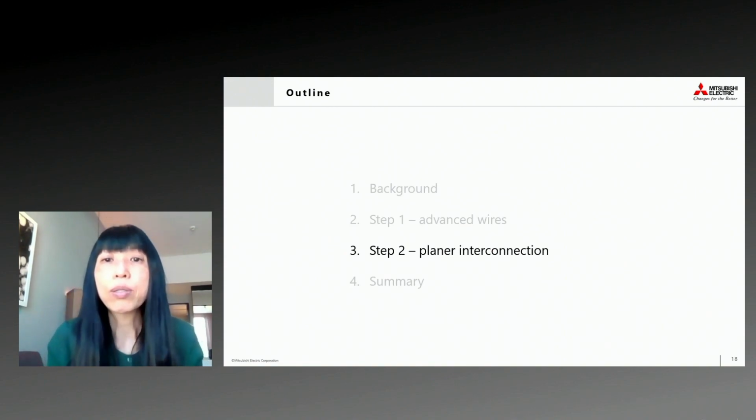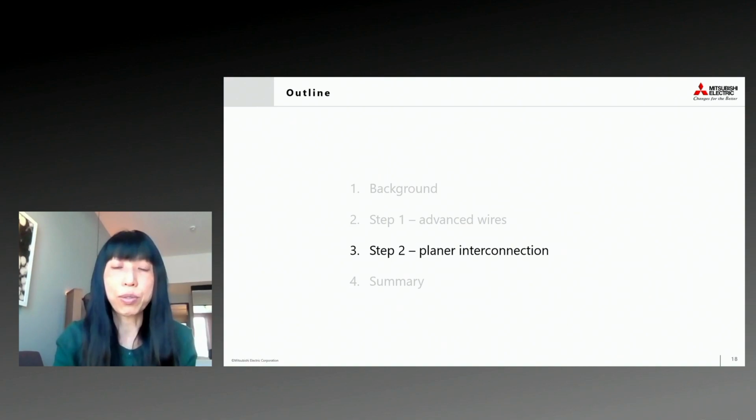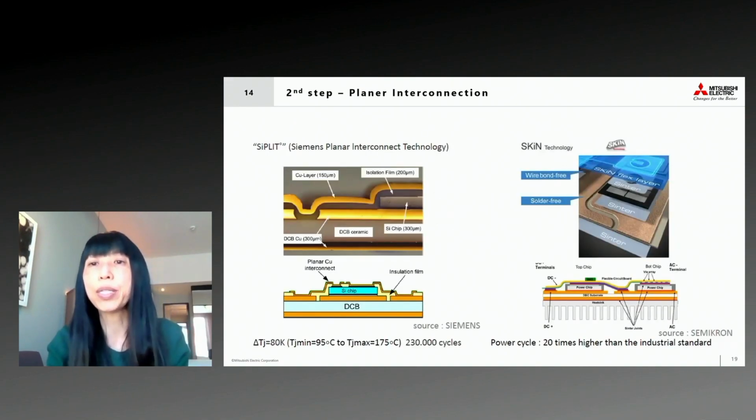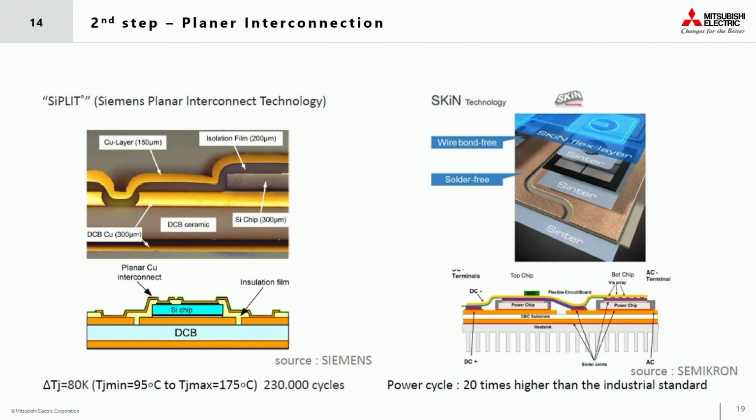Next, we move to planar interconnections. Planar interconnection has been considered since 2010. There are some types of methods. One is the additive method, such as CMOS, SCAPE with lithography processes.